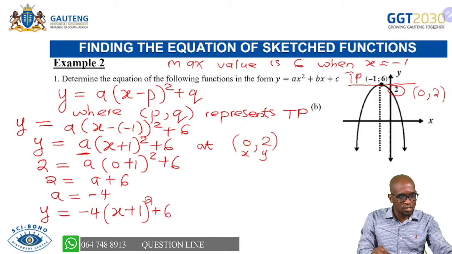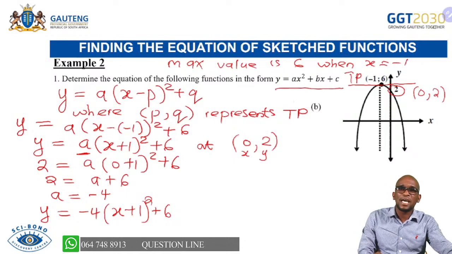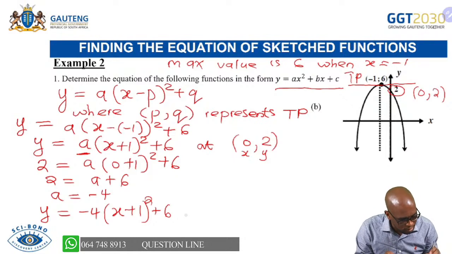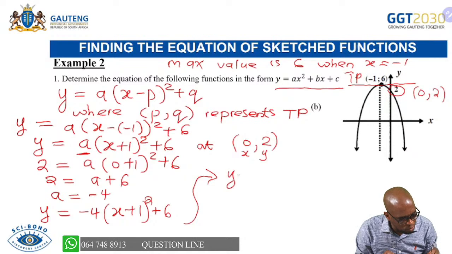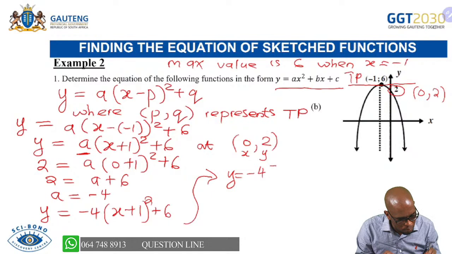However, grade 12s, if you check the instruction, they want you to write this in the form ax squared plus bx plus c, which means that we need to simplify this equation further. Doing so, y would be equal to -4, and I'm first going to open the brackets. I will have x squared plus 2x plus 1, and then I have plus 6.